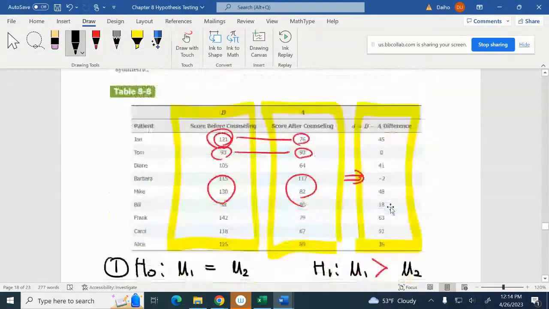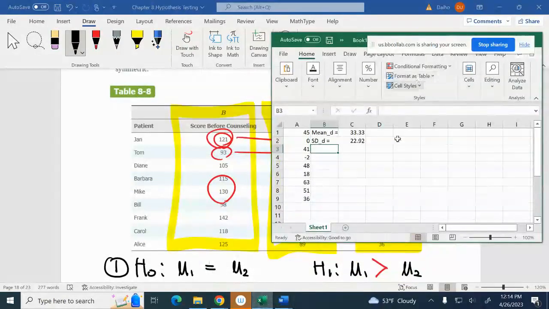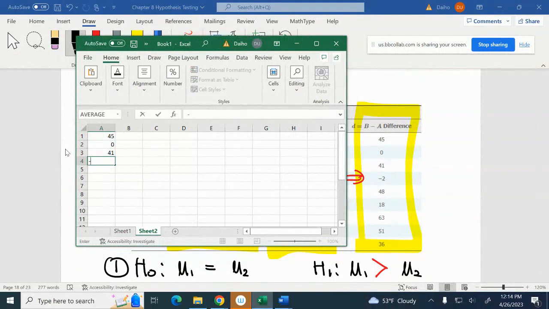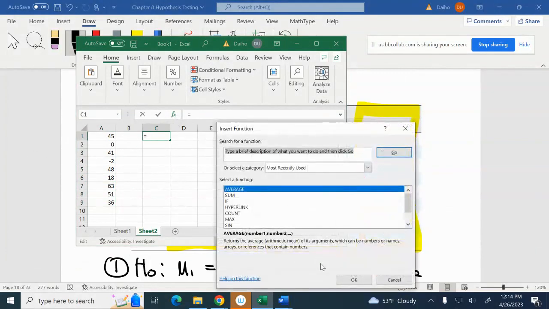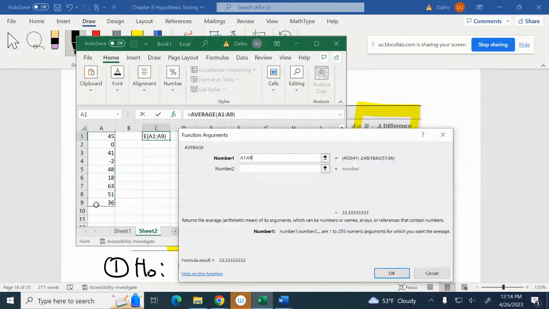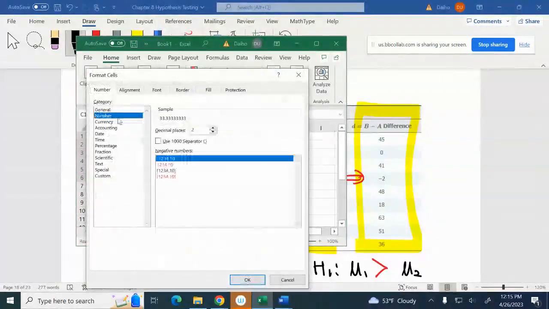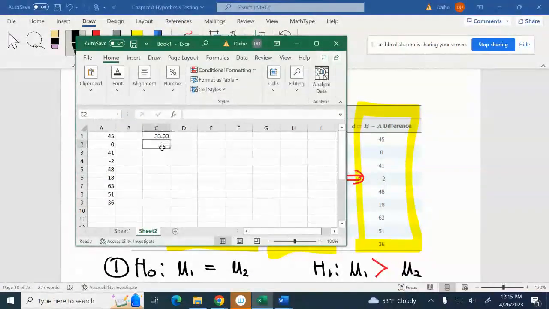This example doesn't give us the mean and the standard deviation. So let me take the mean and the standard deviation from the Excel. So let me plug in the 45, 0, 41, -2, 48, 18, 63, 51, 36. Now let me take the average: 33.33. Let me take 2 decimals. Format, number, 2 decimal places.